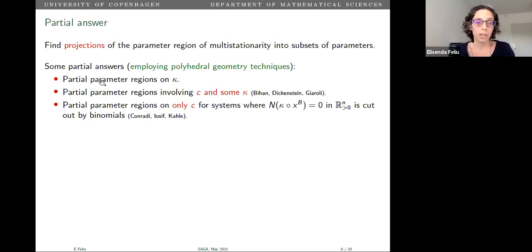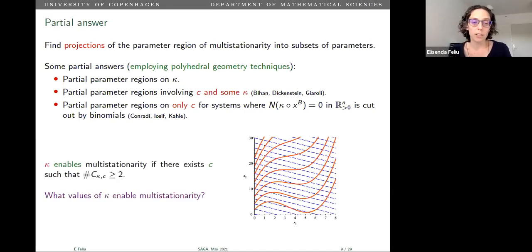And in that direction, I'm aware of 3 works. One where one projects to the kappas, one where one projects to a subset of the kappas and the Cs, and one where one understands the region only on the Cs. And the first one is the one I will be talking about now.